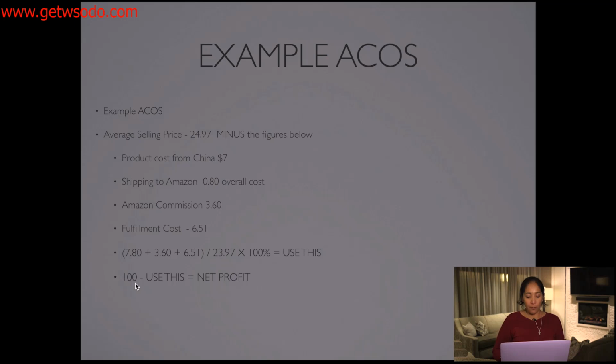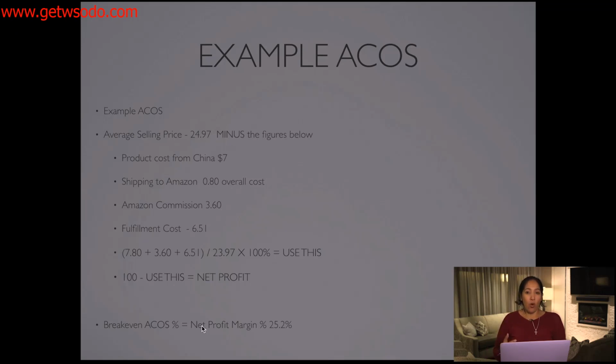And then 100 minus this equals the net profit. So this comes out to a break-even ACOS equals the net profit margin of 25.2. So in order to break even on this product, we need to have a 25.2 ACOS. Anything above and we're losing money, anything below we're profitable, anything equal to that, we are breaking even.